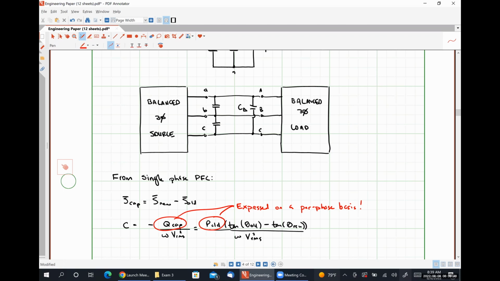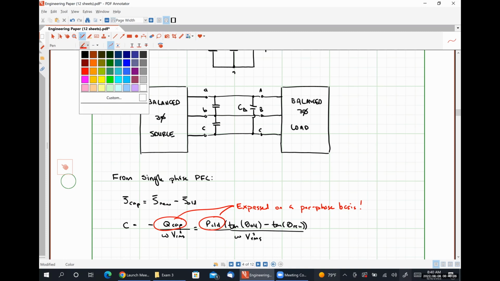We have to use one capacitor per phase to do power factor correction. So we need to make sure that we are determining Q_cap per phase or P_old per phase in order to use our equation.